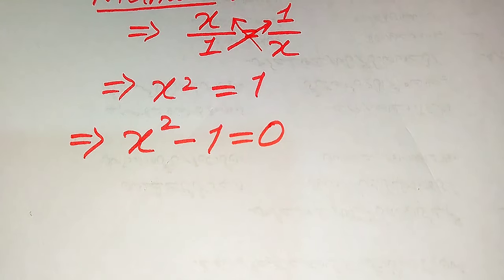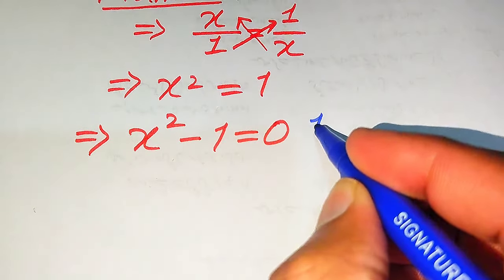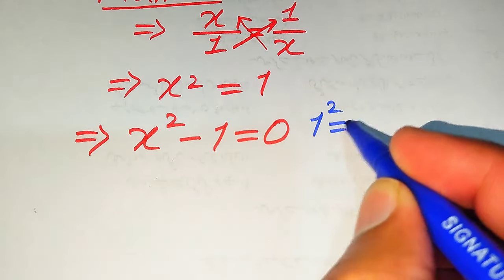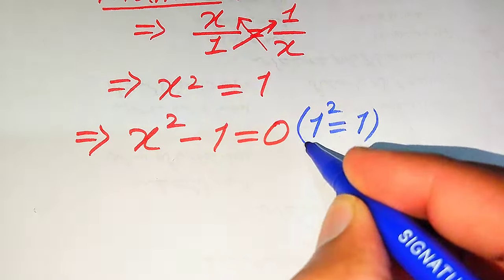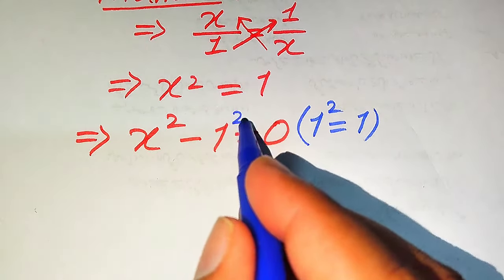So you see here this equation becomes an equation of degree 2. Here we just write this 1 as 1 square. We know that 1 square is also equal to 1, so we just replace 1 with 1 square.